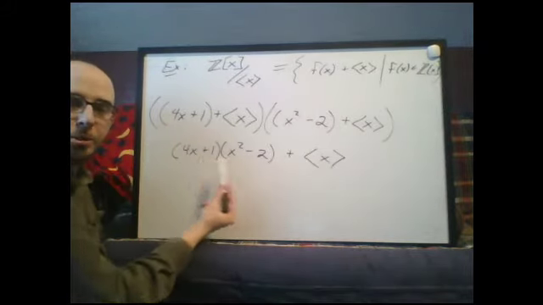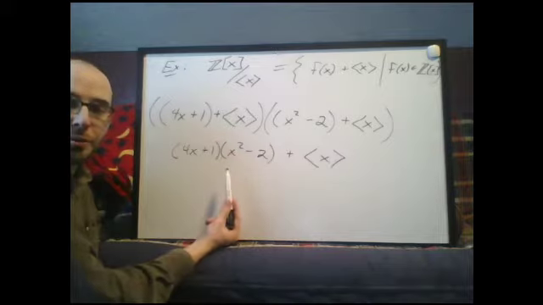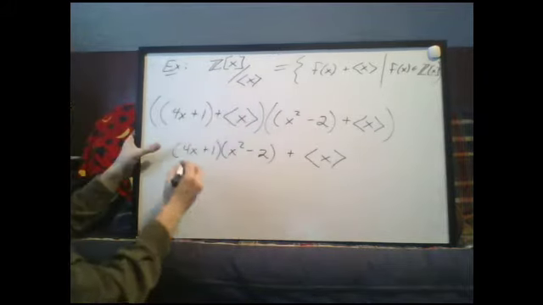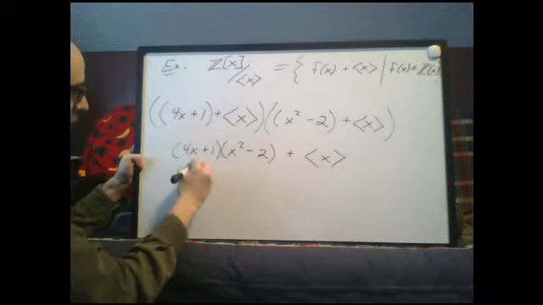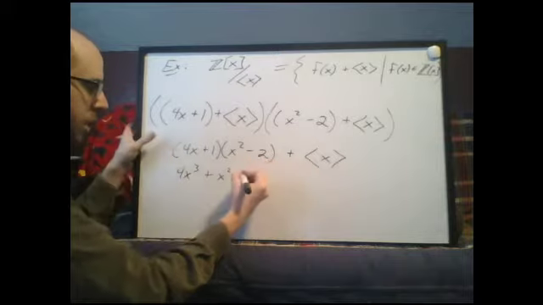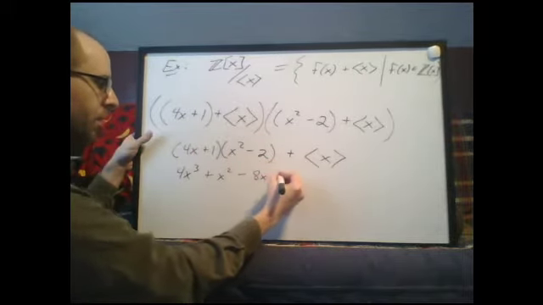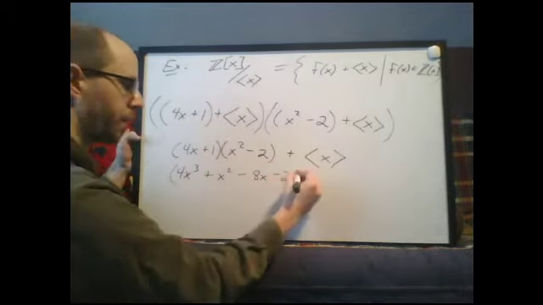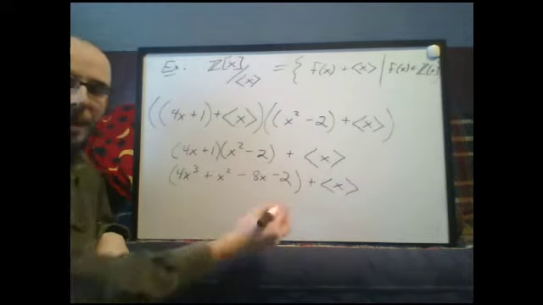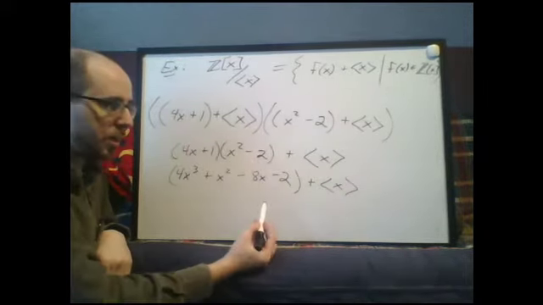Now this multiplication occurs within the polynomial ring Z[x]. So I multiply this out, that would be 4x cubed plus x squared minus 8x minus 2. That is my outcome, but I can simplify this.